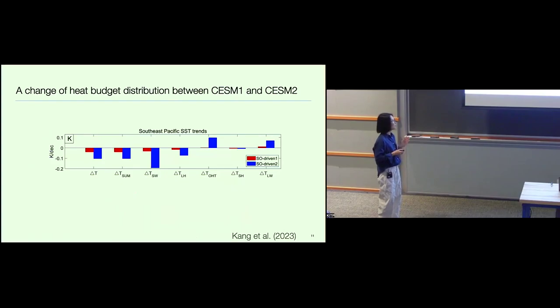Going from CSM1 to CSM2, you're really seeing an increase of the shortwave contribution, and there's also an increase from the red to blue in the latent heat term. The oceanic heat transport really acts to balance out that very strong cooling coming from the shortwave term. So in net, we actually have a much stronger cooling using CSM2.